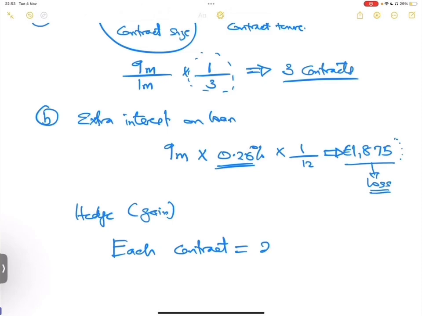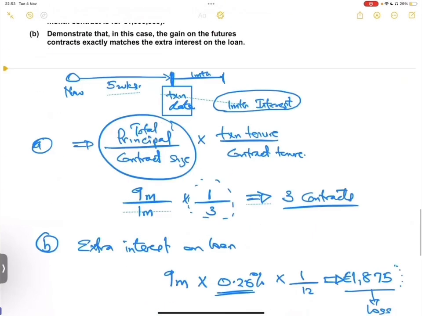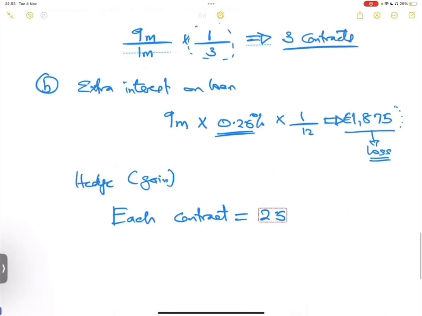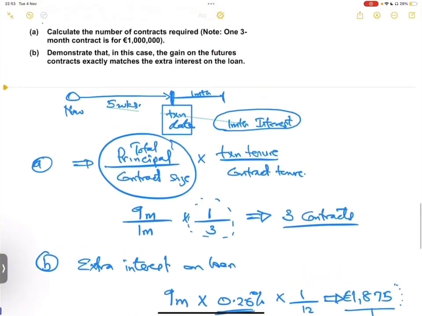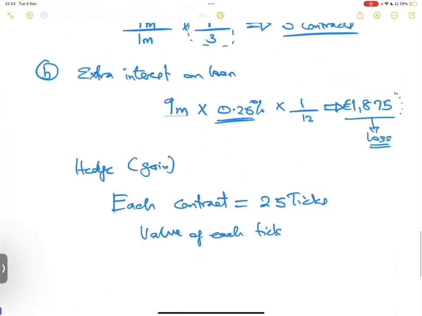We move by 25 basis points. That is the movement of interest rate, so that's 25 ticks. I will need to know the value of each tick. Did we calculate it? If we have not, can you quickly calculate the value of tick for me?